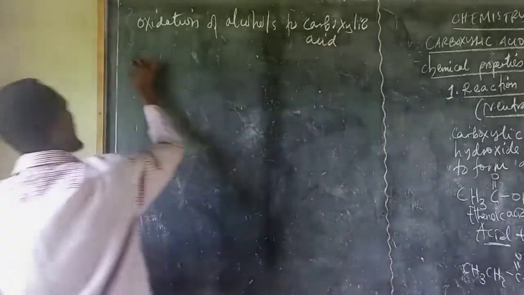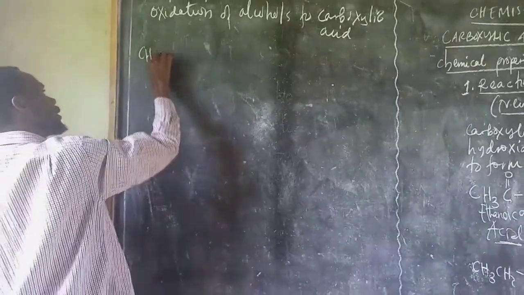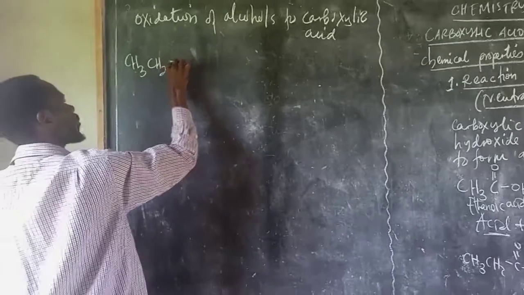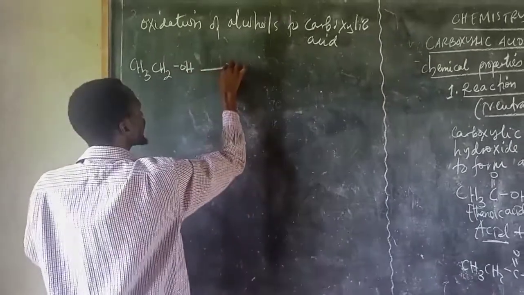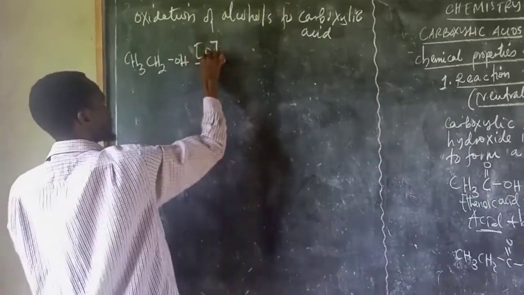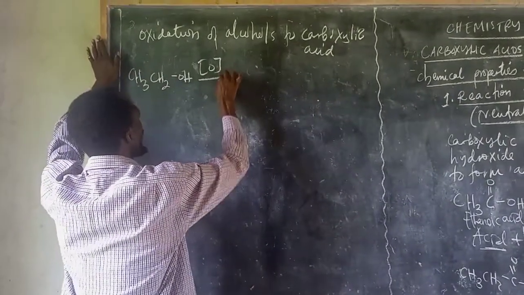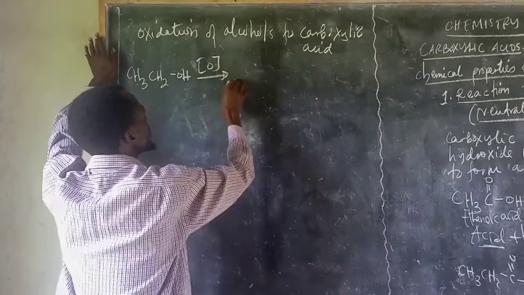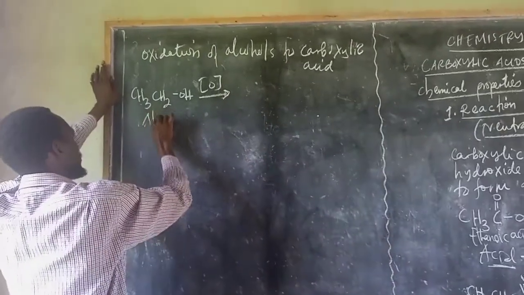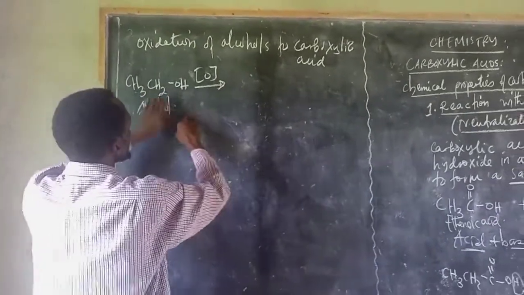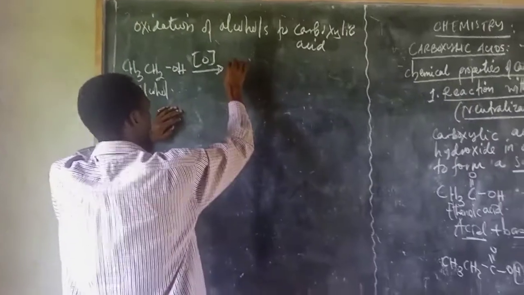For example, we have ethanol. This is the ethanol. It is oxidized in the presence of potassium permanganate to form an aldehyde. This is the alcohol, then it is oxidized to form aldehydes.